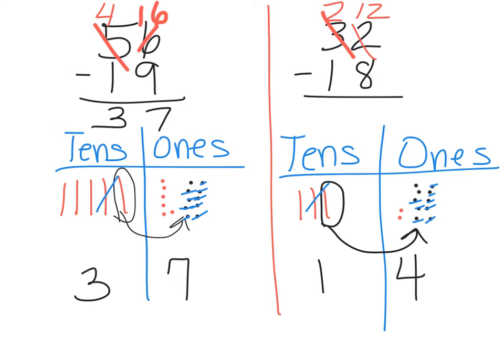Looking at our standard algorithm, it's the same thing. 12 minus 8 gives us that 4 ones left. 2 tens minus that 1 ten leaves us with 1 ten. So 32 minus 18 equals 14.